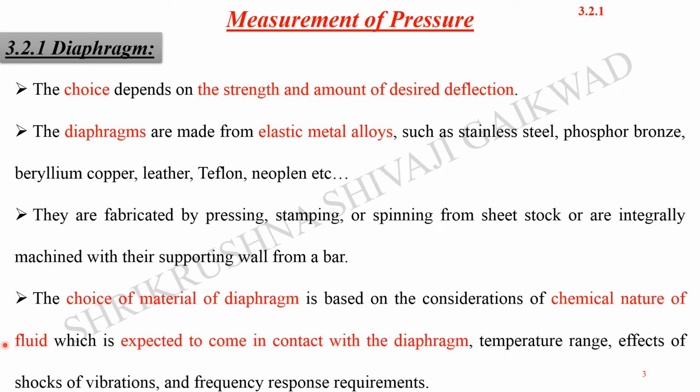Now here the choice of the material of the diaphragm is based on consideration of the chemical nature of the fluid. Means the choice of these diaphragms depends upon where we are going to apply them, so the application area is very important, because we cannot choose elements which will get corroded because of the chemical nature of the fluid expected to come in contact with the diaphragm, or because of the temperature ranges, because it should not have a temperature effect on it.